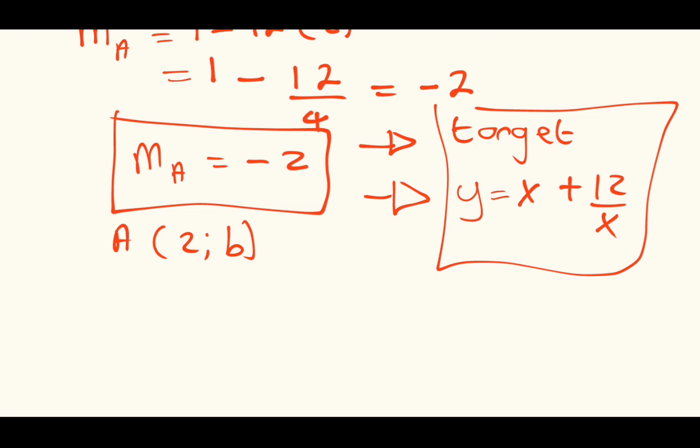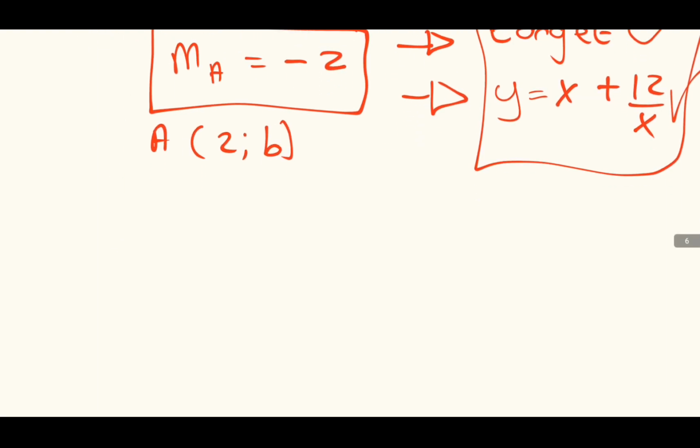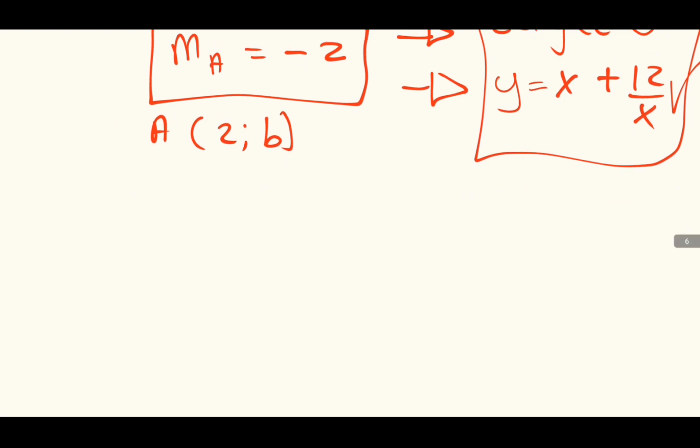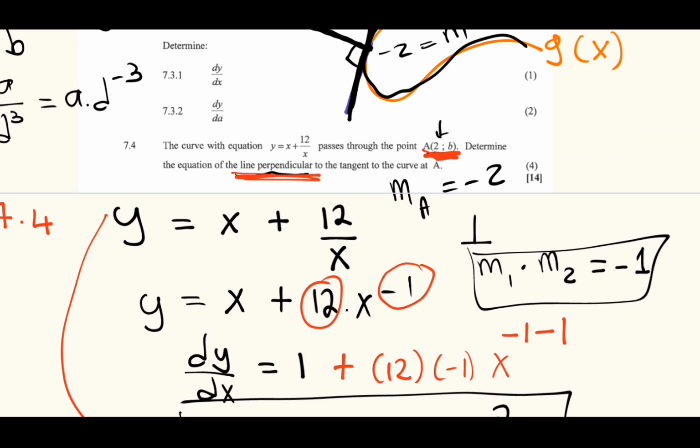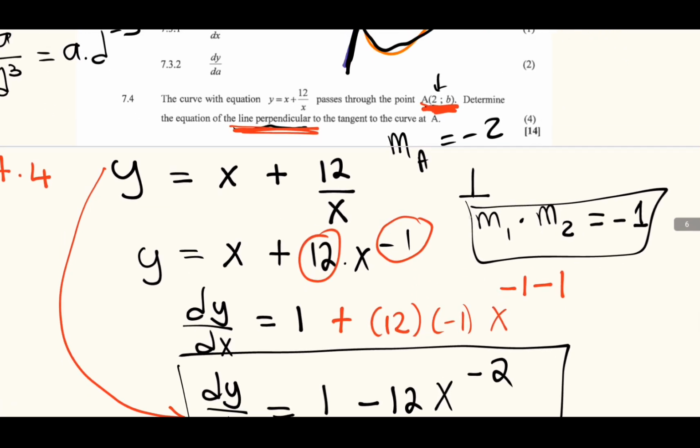So we are not looking for the gradient of the tangent or of this, we are looking for the gradient of the line perpendicular to the tangent. And we said that when straight lines are perpendicular, the product of their gradients will give us negative 1.